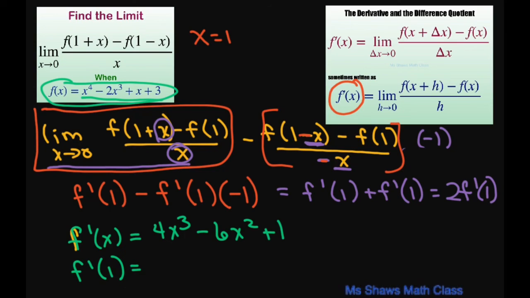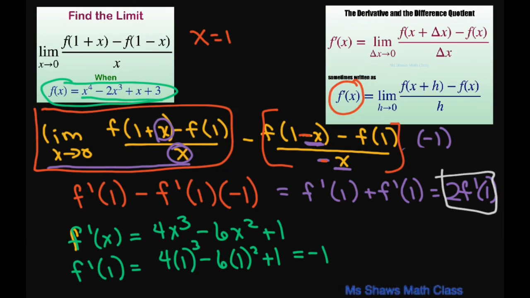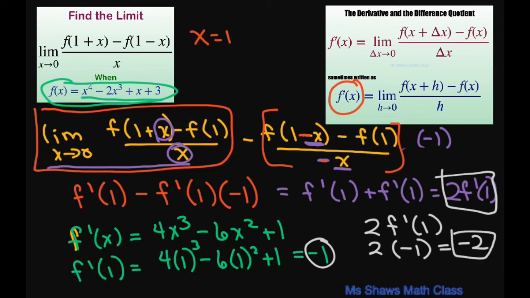So that's going to be 4 times 1 minus 6 times 1 squared, oh that's cubed, plus 1. This equals negative 1. Now going back to this, our limit's going to be 2 times f prime of 1, which is going to be 2 times negative 1. And therefore our limit is negative 2.